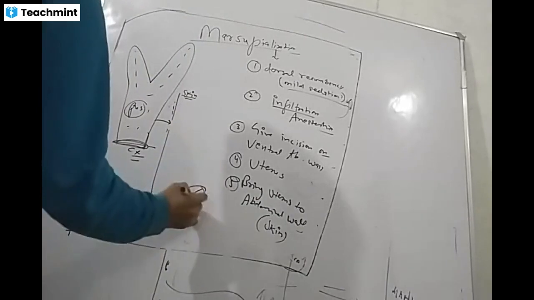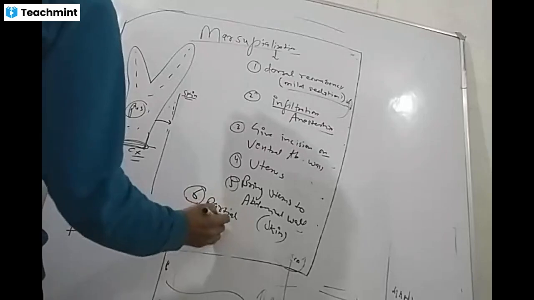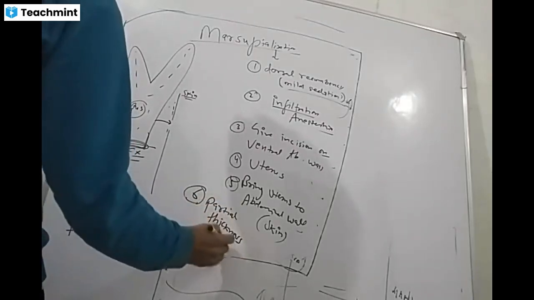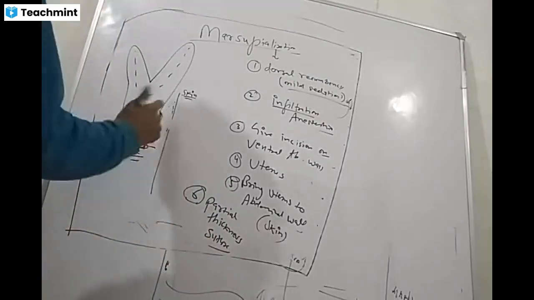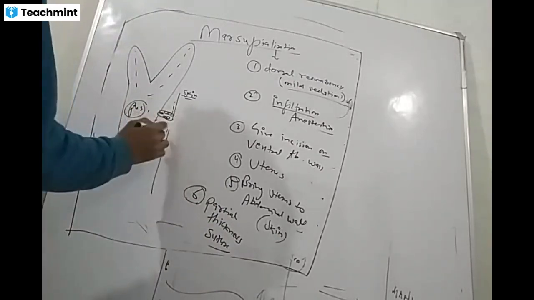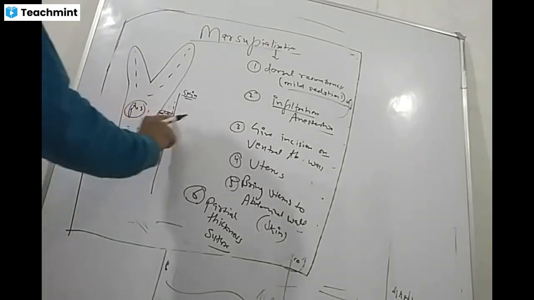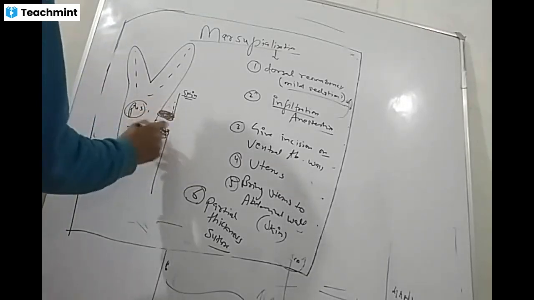Number 6: use partial thickness suture. What we do, we suture the abdominal wall with the uterus. The uterus is sutured with the skin along with muscles and all.